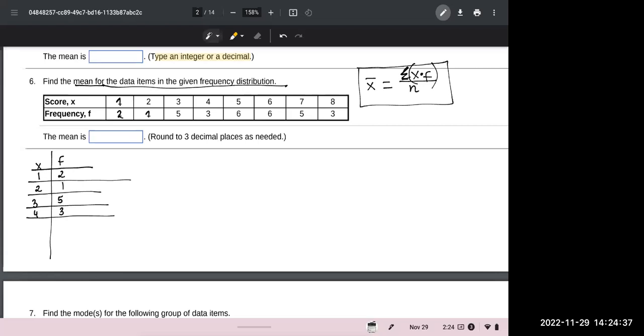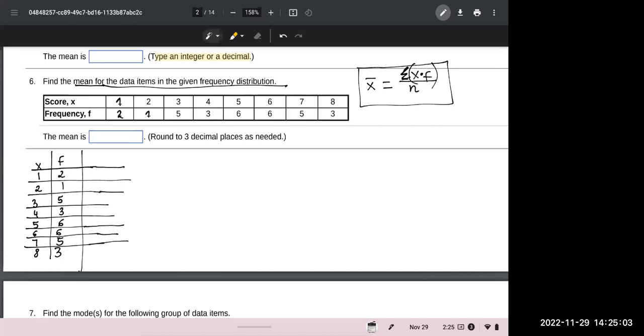When x is equal 5, frequency is 6. x equals 6, frequency is 6. Then we have 7 and 5, and the last one, 8 and 3. So this is the same frequency distribution table. I just put it vertically because that's what we did in the class.